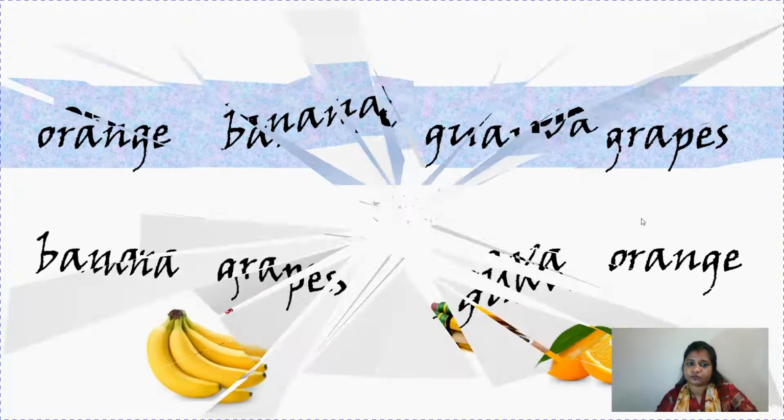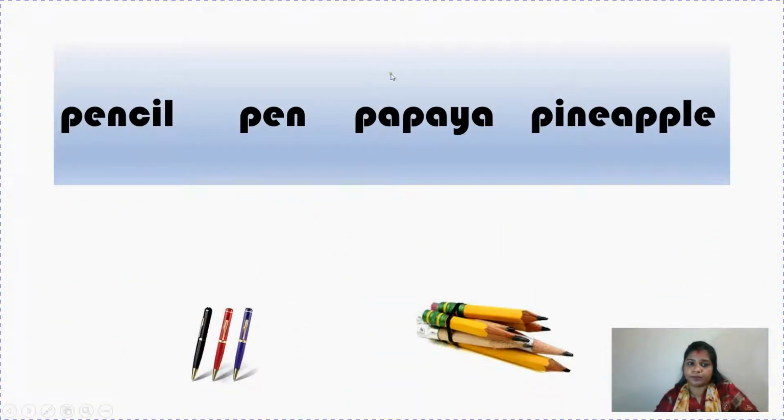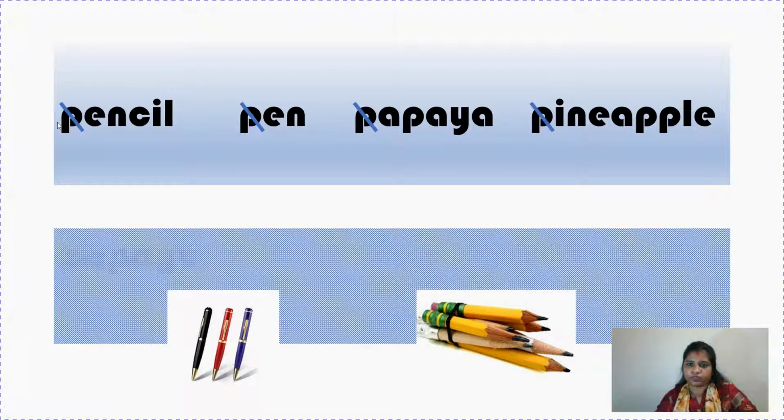See. In the same way, here pencil, pen, papaya and pineapple. So you will see that all the words have P as their first letter. So let us strike P first. Then go to the second letter: E, E, A and I. So A comes first, so we will write papaya.